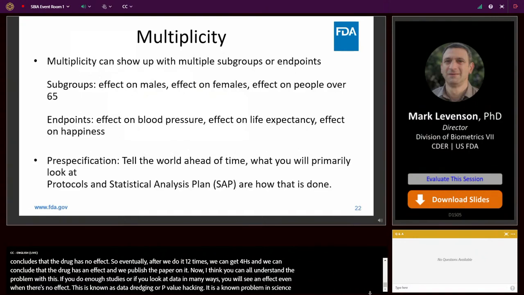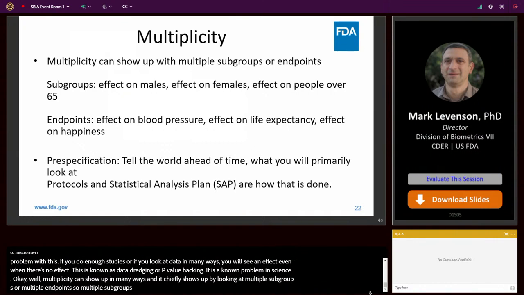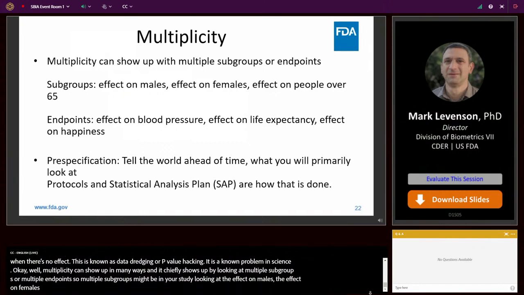Multiplicity can show up in many ways, and it chiefly shows up by looking at multiple subgroups or multiple endpoints. Multiple subgroups might be, in your study, you look at the effect on males, the effect on females, the effect on people over 65. And if you look at enough subgroups, you're likely going to see some effect. But whether that's random chance or something real, it's unclear.